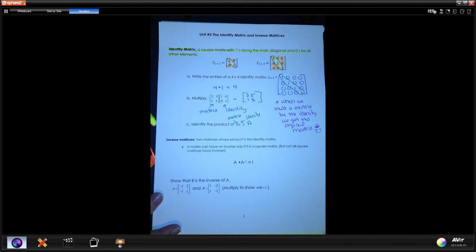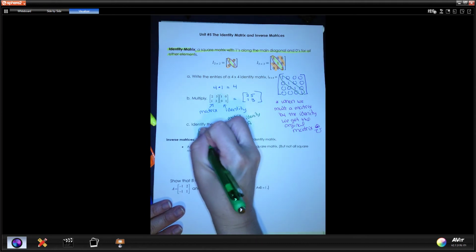We also mentioned in our last lesson that matrix multiplication is not commutative, correct? However, when we are multiplying by that identity, it happens to be the only time when it is true.